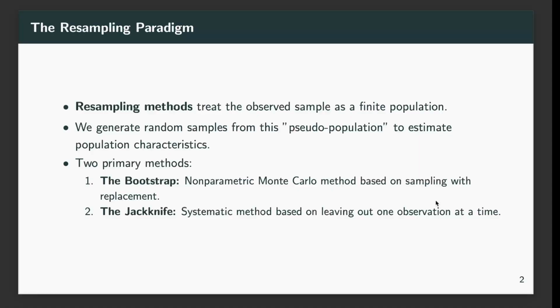The resampling method treats the observed sample as a finite population. So instead of asking what would happen if I draw many samples from the true population, let's say the population is F distributed, which I do not know, the resampling method asks what would happen if I draw many samples from my observed data set, which we already have.